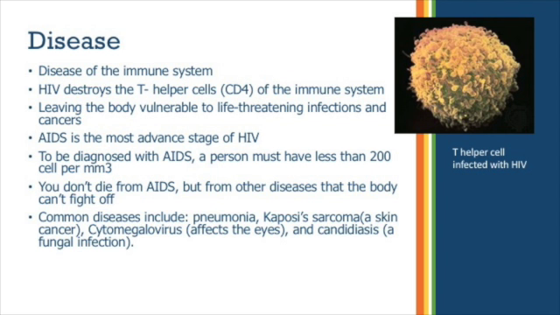The most common diseases that can occur are pneumonia, so with your lungs, Kaposi sarcoma, which is a type of skin cancer, cytomegalovirus, which is a viral infection that affects the eyes, and candidiasis, that is a fungal infection that can cause infections in the throat or vagina.